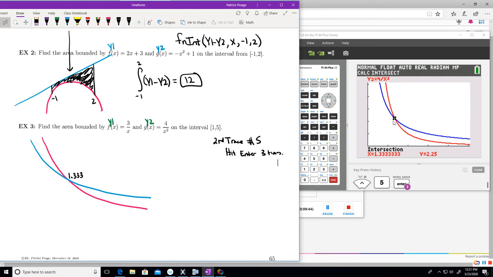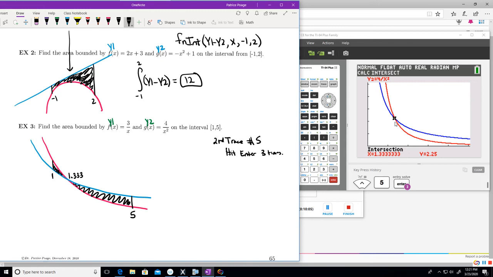So if that is intersecting at 1.333, then that means 1 is to the left of it over here. So I'm just going to draw like a little vertical line there and say that's about where 1 would be, and then over here, that's about where 5 would be. So I'm looking for that area in between there and that area in between there.